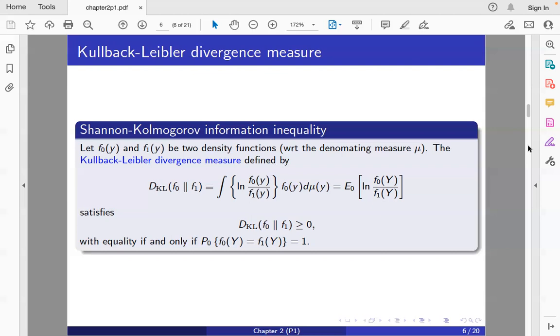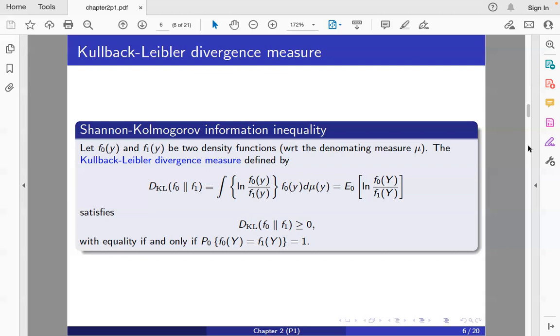This is a very ingenious concept. You have two densities, and you want to measure some sort of distance between them, but it's not really the Euclidean distance.